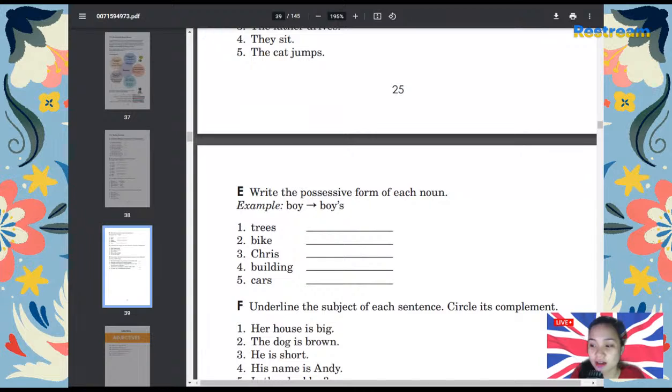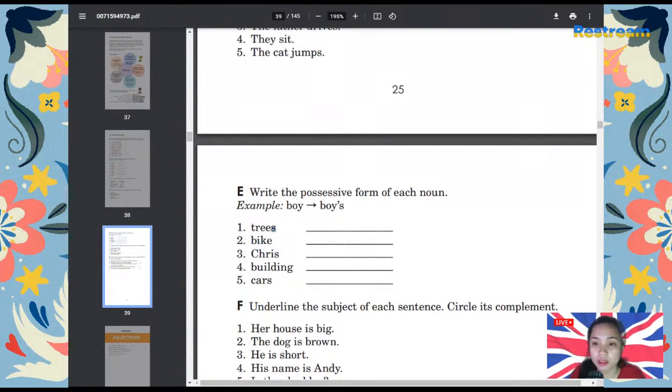But yeah, what you did is you put an apostrophe right after the letter E and then put the S. That's okay. But the correct one here is we just put an apostrophe right after the letter S, because we already have the letter S in this noun.